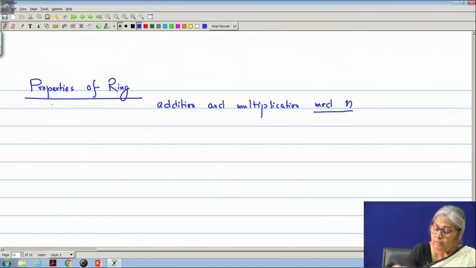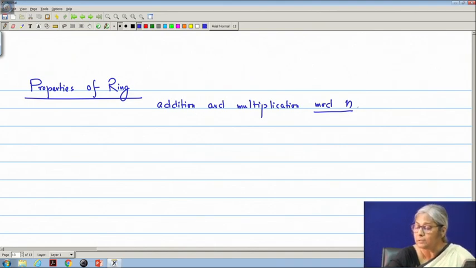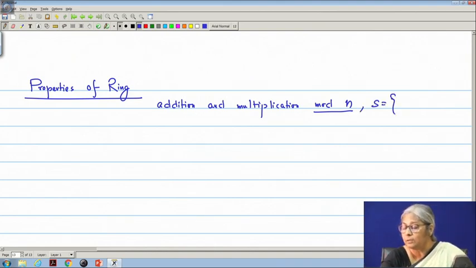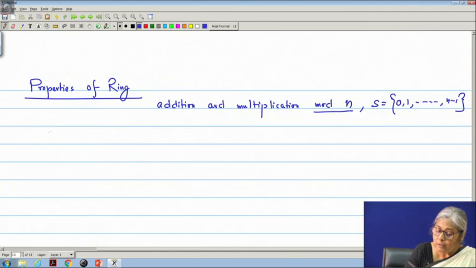Then the set, obviously my set is 0 to n minus 1, already I have discussed because of remainder only. Then what are the properties it holds?